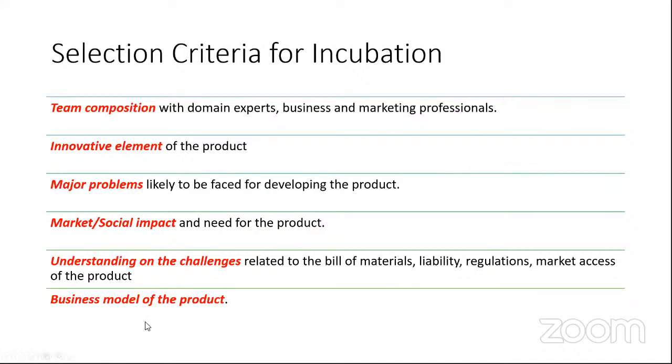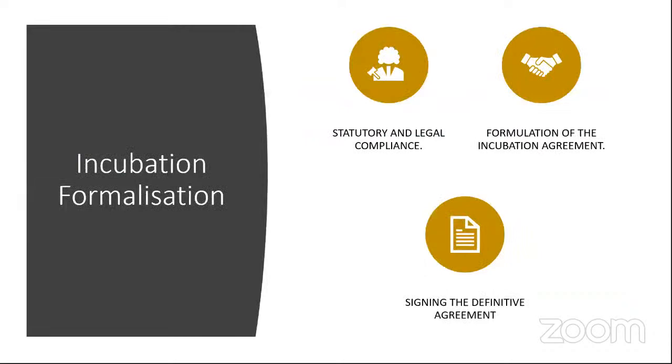And the business model is an extremely important thing. It will require a presentation on its own to understand what the business model of the product should be, because this is just an orientation program. So I am going briefly over the point that you need to understand what pre-incubation and incubation management is all about. Now, once you have finalized that this idea is worth incubating, you need to formalize it.